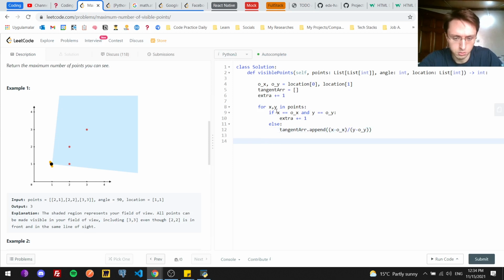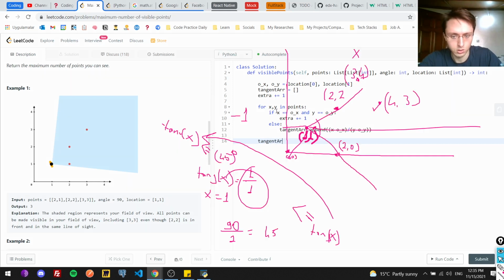And then here maybe sorted, so that if they are in the same line, we just want to have them next to each other. So we probably want to go with sliding window approach. So tangent array sort. Maybe let's print tangent array.